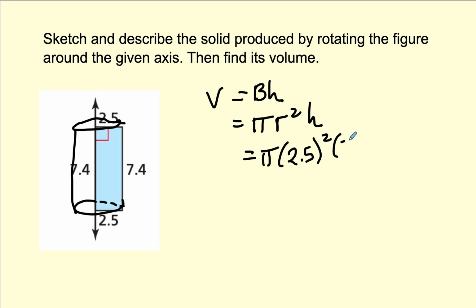Height will be 7.4. I'm going to put the whole thing in my calculator. I'll use the pi button. And my answer is approximately 145.3, and this is units cubed. They didn't tell us whether it was feet or inches, so we just used the generic version.